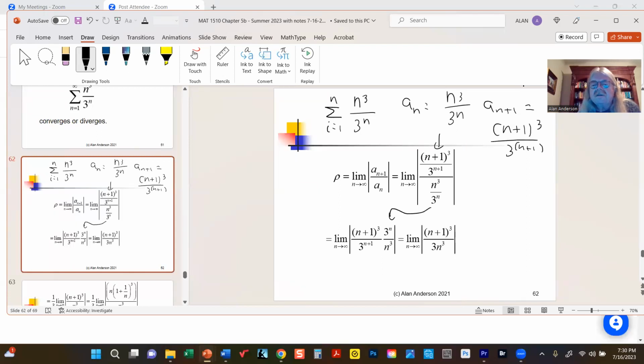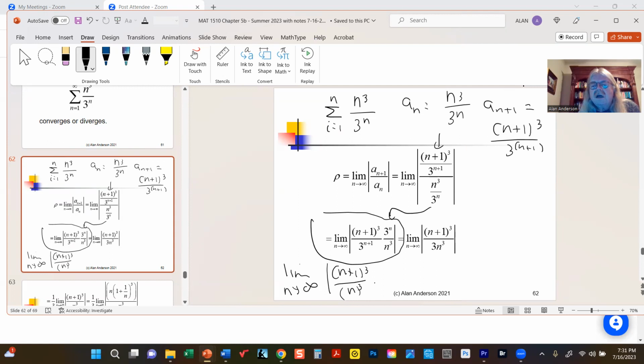Why don't we rewrite this, just to make it a little easier to see what's going on: (n+1) cubed over n cubed times 3 to the n over 3 to the (n+1).